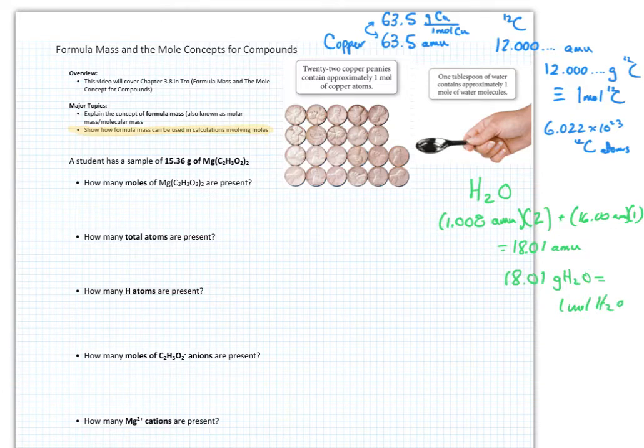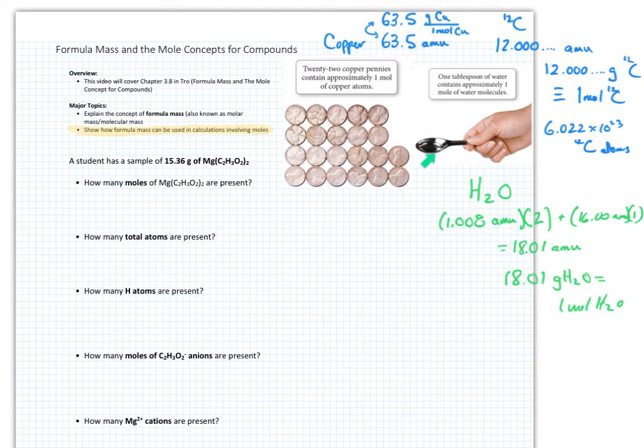Okay, so this would be called the formula mass or the molecular mass. This is the mass of a molecule, which can now be determined just by summing up the individual atoms and their known atomic or molar masses. Okay, so water is 18.01 grams per mole.